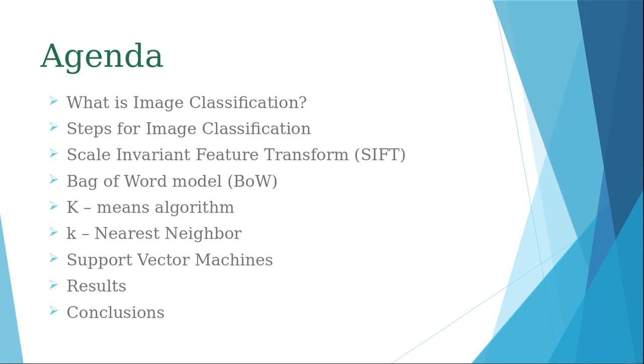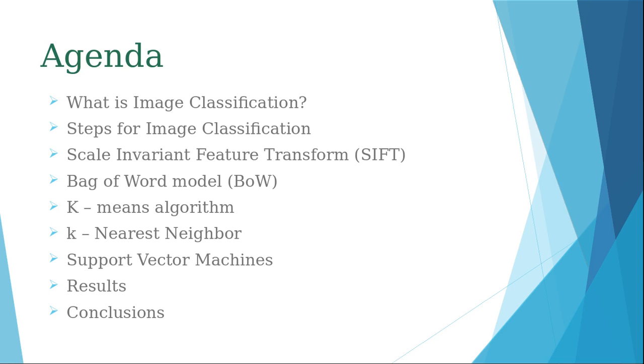In the next few slides, I will be explaining the importance of image classification, the difficulties in image classification, and the solution for it. Then the next slide represents the steps required for image classification. Then I will go through different algorithms that I have used for this project.